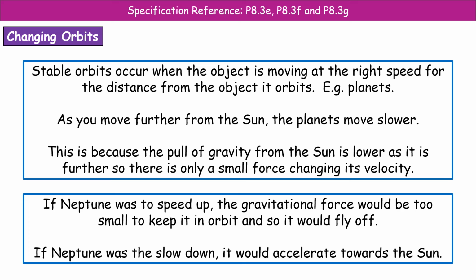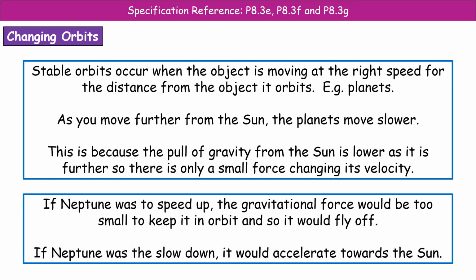Not great, because obviously all the planets have these little gravitational links between them, and it would wreak havoc with the rest of our solar system. If we think about the opposite, if Neptune was to randomly slow down for some reason, then what we would find there is that the gravitational pull from the Sun would be enough to accelerate it towards the Sun itself.